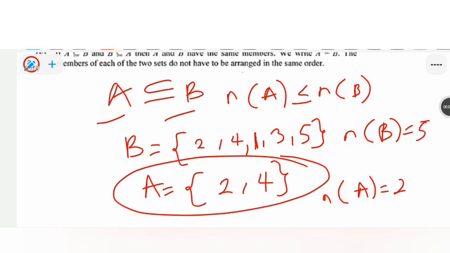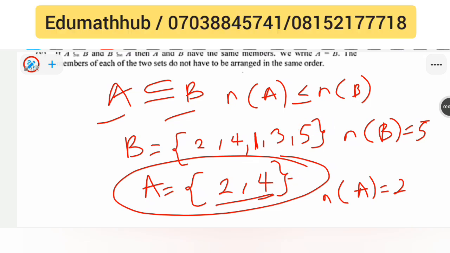You can see that 2 is less than 5. This is a proper subset because I did not take all the elements from set B. I only took 2 and 4. Since it's a proper subset, I'm not picking out all the elements, just some of them. So if I count the elements, it's going to be less than n(B). That's the less than part.